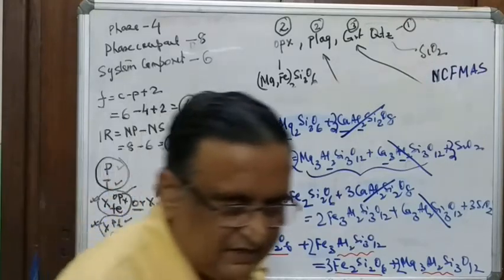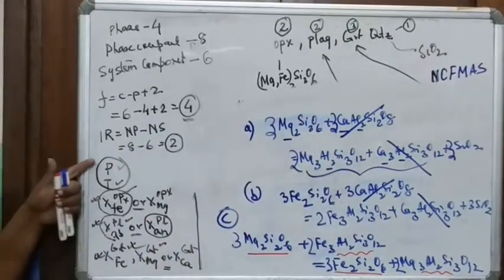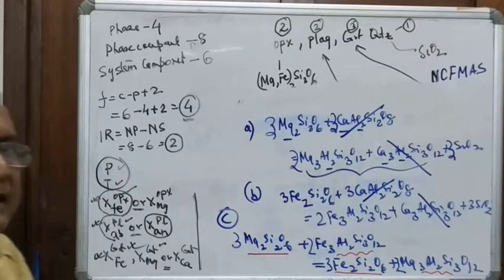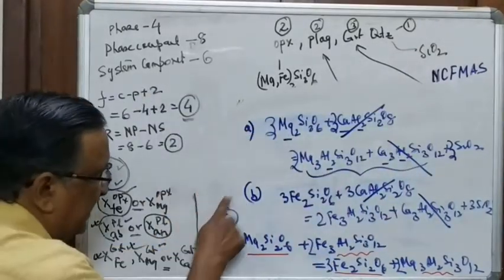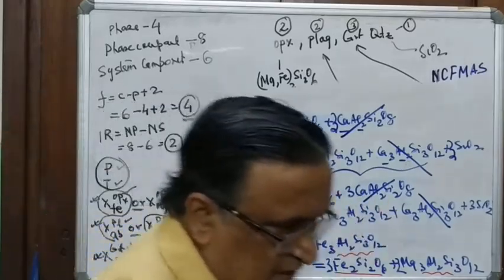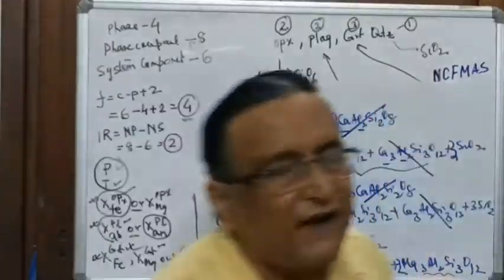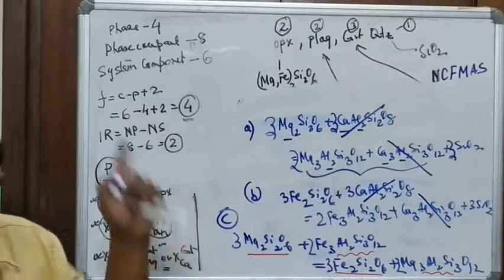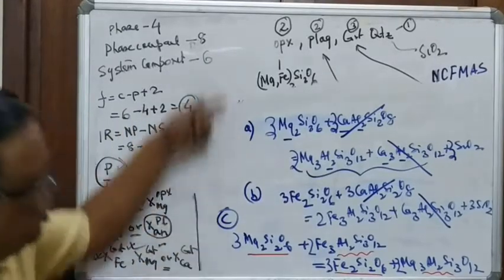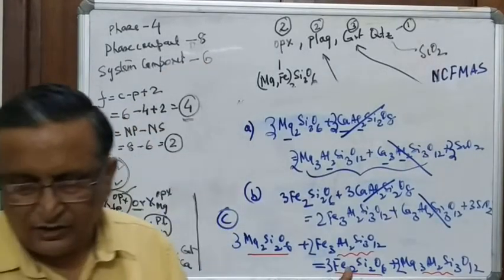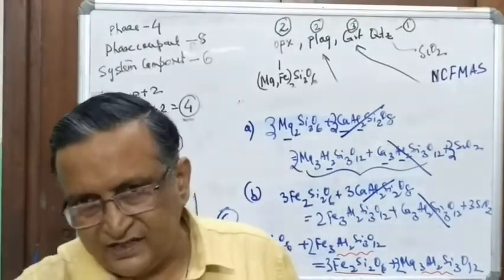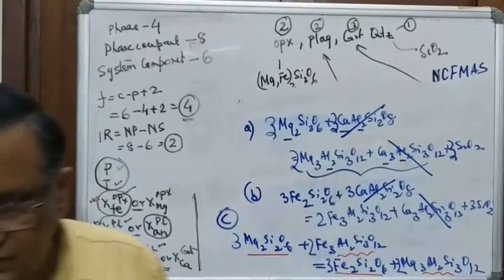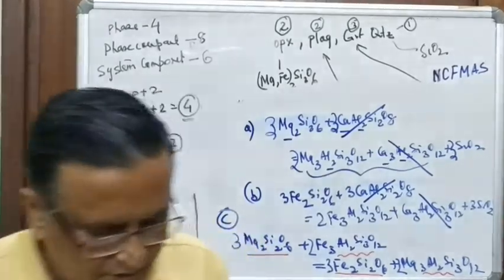So if we give that data, then it leaves us only pressure and temperature to be determined, and we have A, B, C, 3 reactions possible, out of which, theoretically, we can take any 2 of this and find out the pressure temperature condition of equilibrium between the pyroxene plagioclase and the garnet plus quartz. That is the important point.